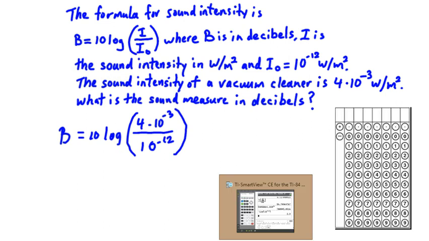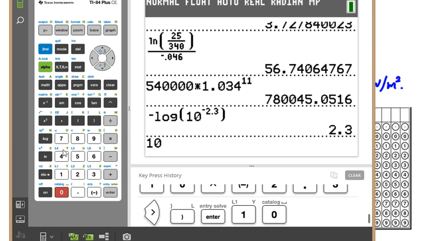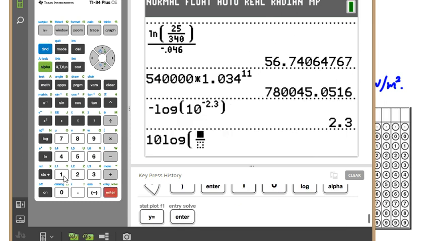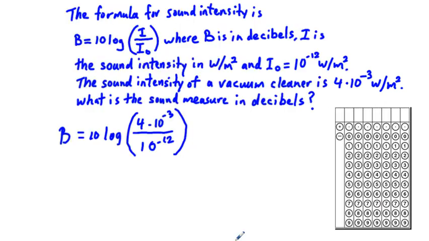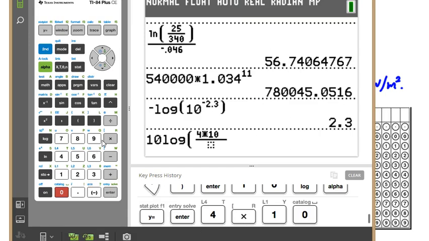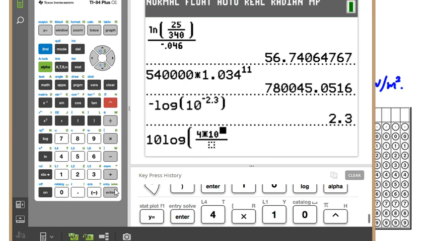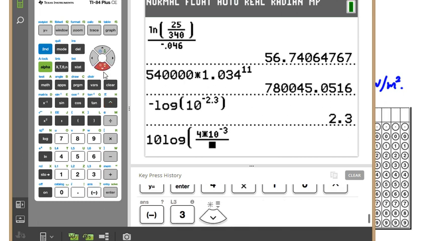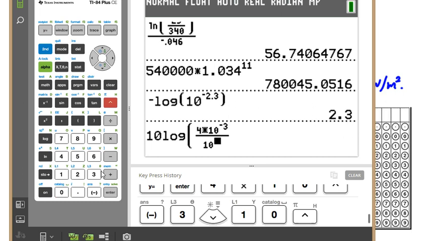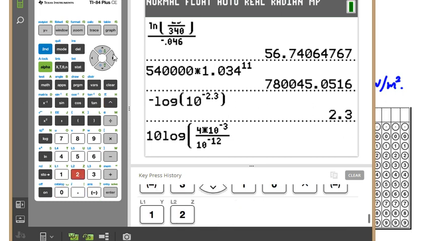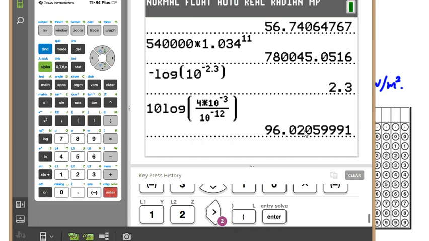We put 10 log, a fraction, 4 times 10 to the negative 3 power, over 10 to the negative 12th power, close parentheses, and we get 96 decibels.